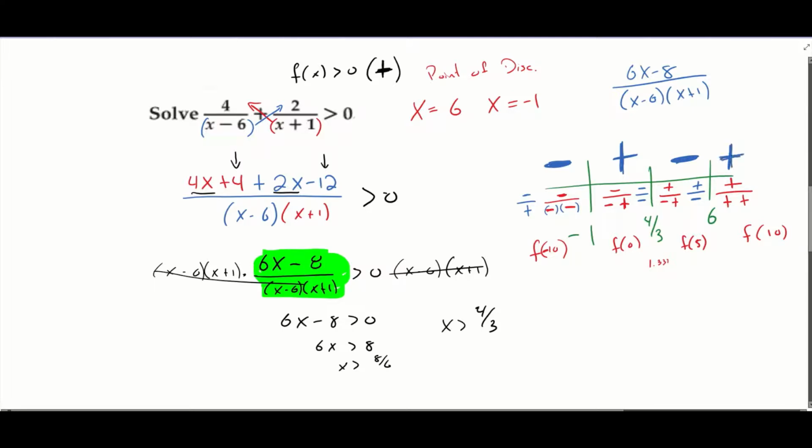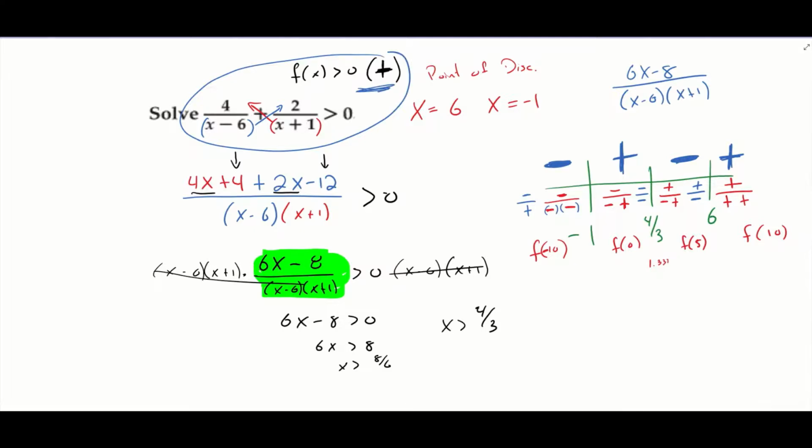And now we can go ahead and answer our question. We wanted stuff that was greater than, or in other words, we wanted the stuff that was positive, right? So when does that happen? Well, that's going to happen whenever x is from -infinity to -1. That's also, whoops, just kidding. My bad.